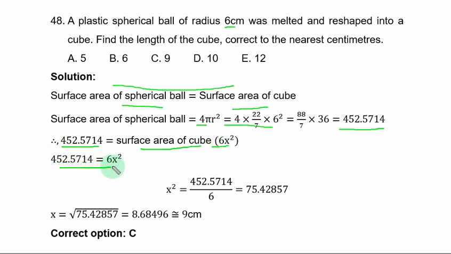To get s squared, first divide through by 6 and you have this result. To get s, you need to take the square root of the last result, which is this, and to the nearest centimeter, you have 9 centimeters from 8.68.